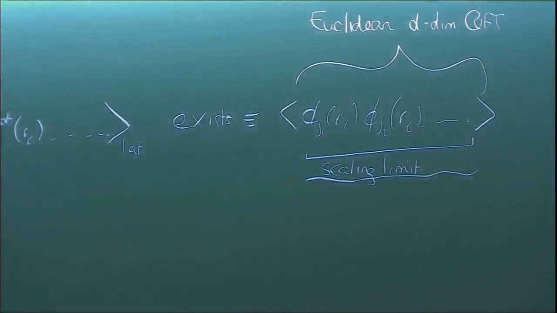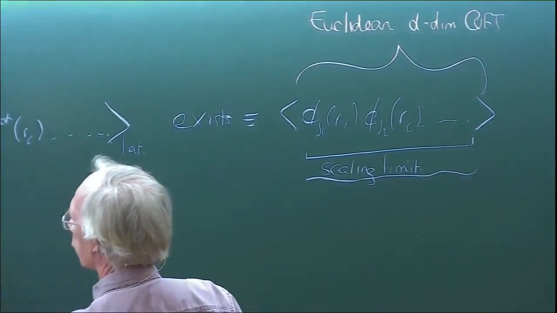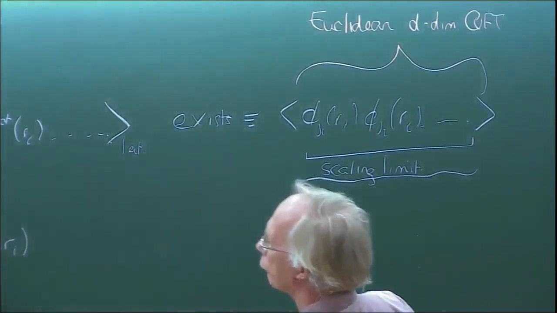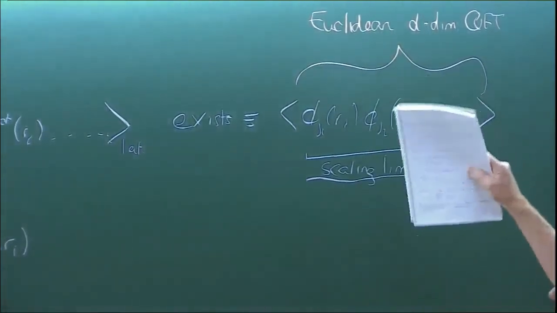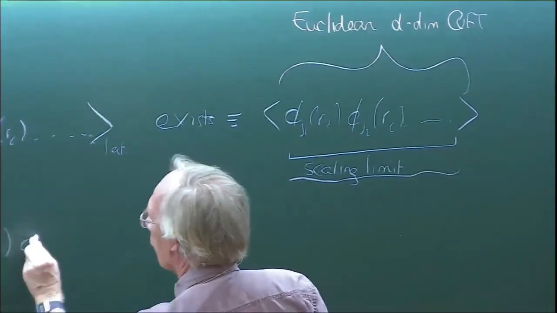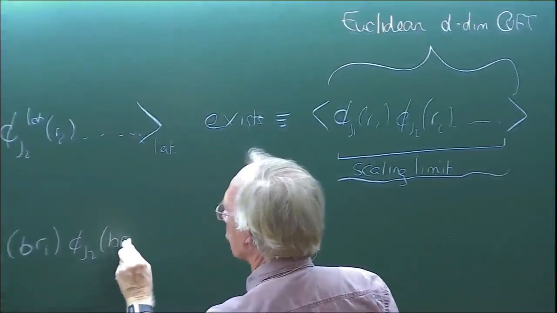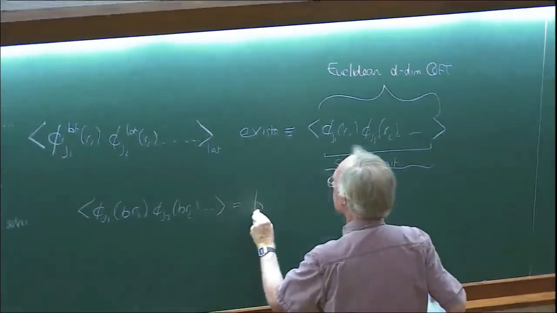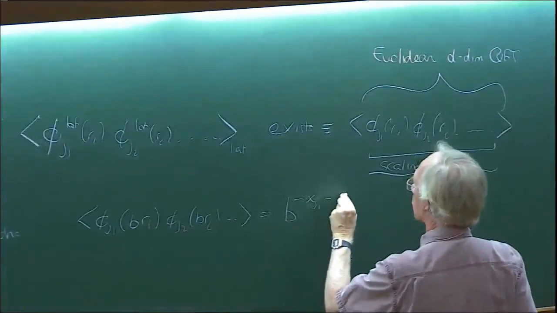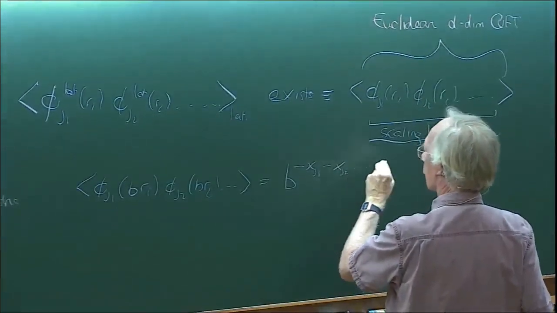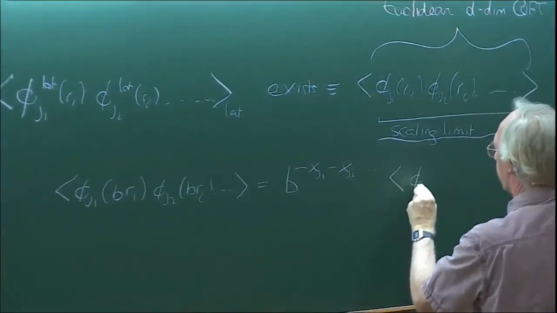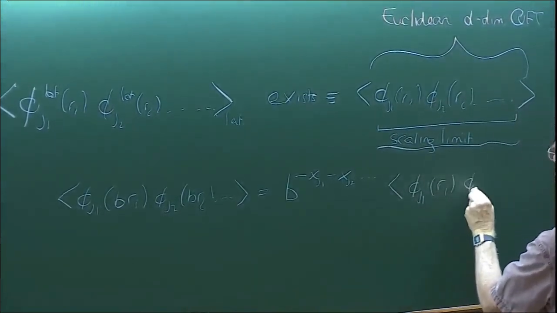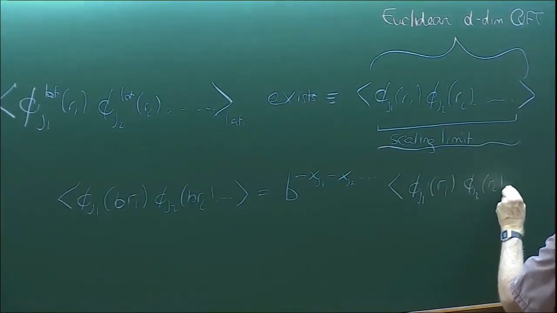That is, if I look at phi of J1 of B R1, phi J2 of B R2, and so on, that is, I rescale all the distances by a factor B, this is equal to B to the minus xJ1 minus xJ2 and so on, times phi of J1 of R1, phi of J2 of R2, and so on.